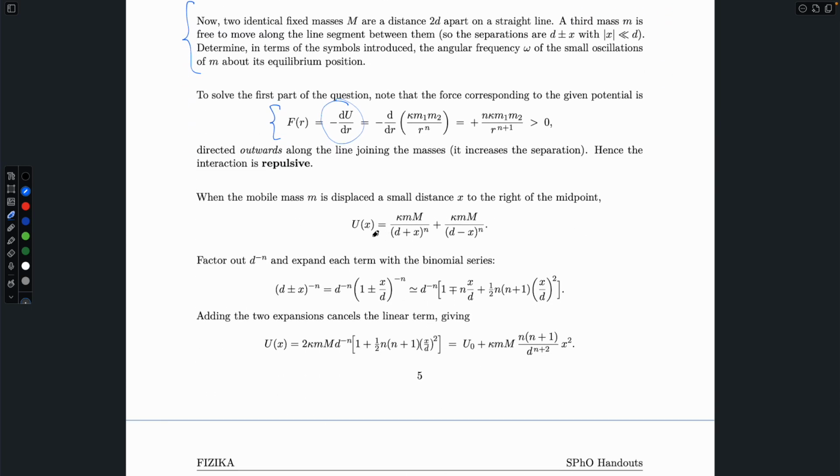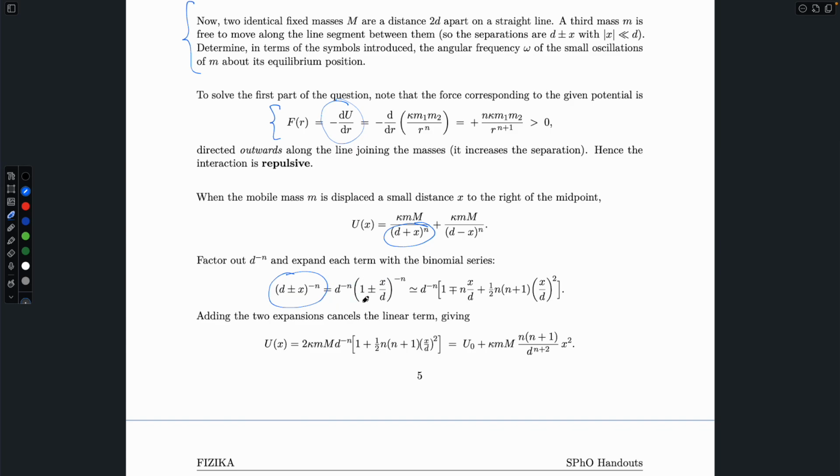But the key learning point is that we can expand this denominator. So instead of dealing with the hard math, we can convert our d plus x term into a binomial form, which is by factoring out the d first.